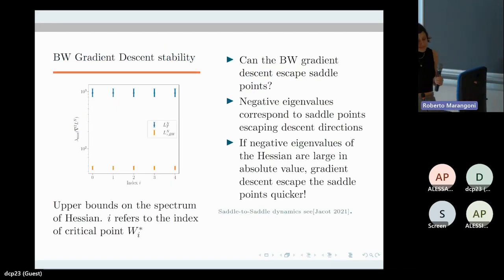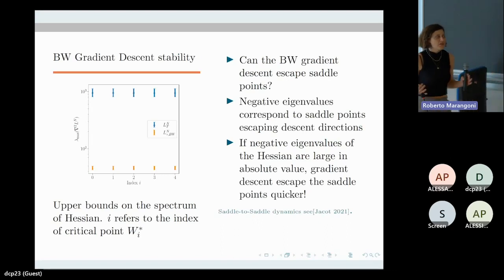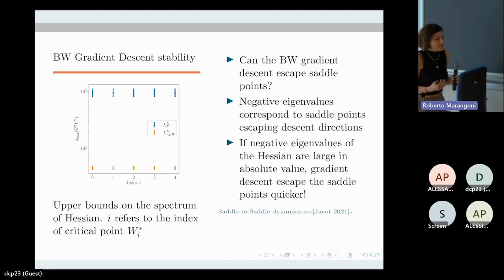Another thing that we observe is why it's better to use Bures-Wasserstein instead of square loss. We see some stability for the Bures-Wasserstein gradient descent, which is not the same for the square loss. This graph shows the upper bounds on the spectrum of the Hessian, where I refers to the index of the critical point.